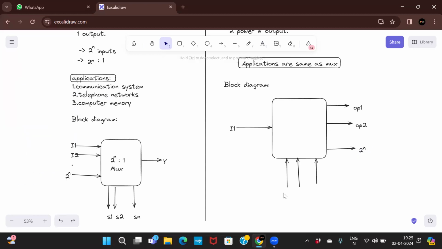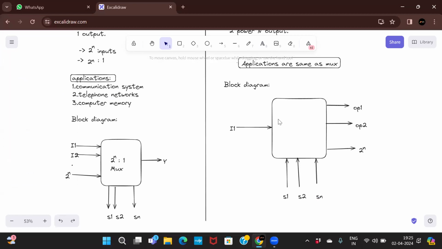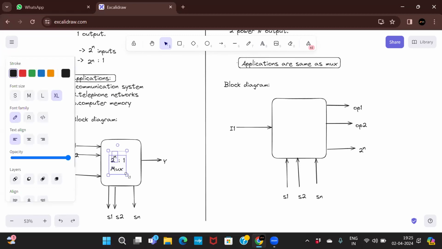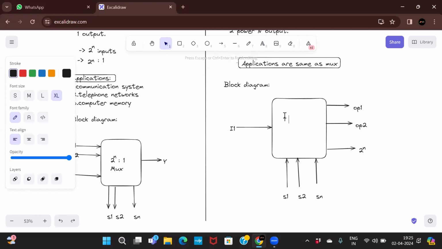Similarly, we have the select lines, this one, this two.